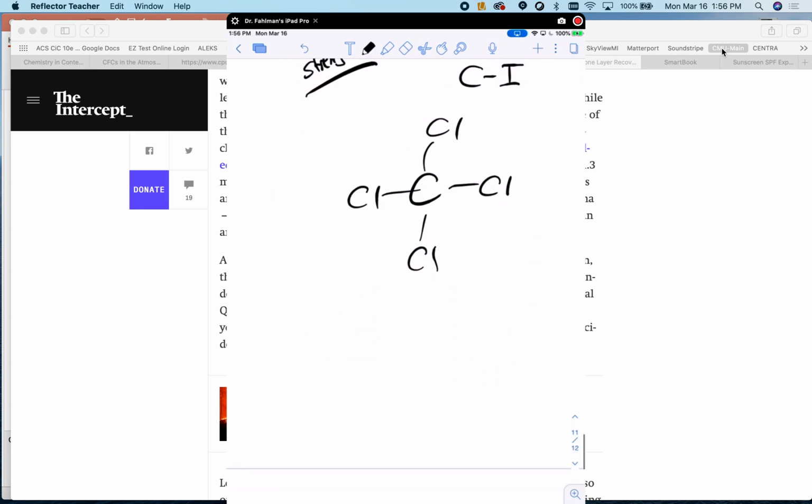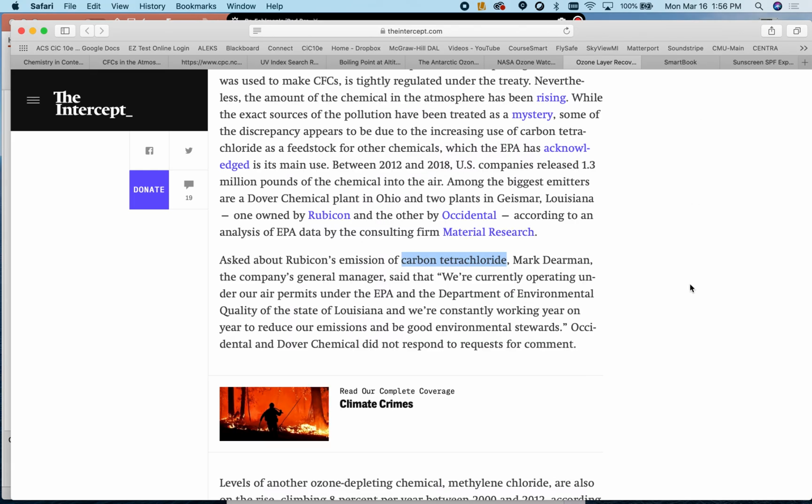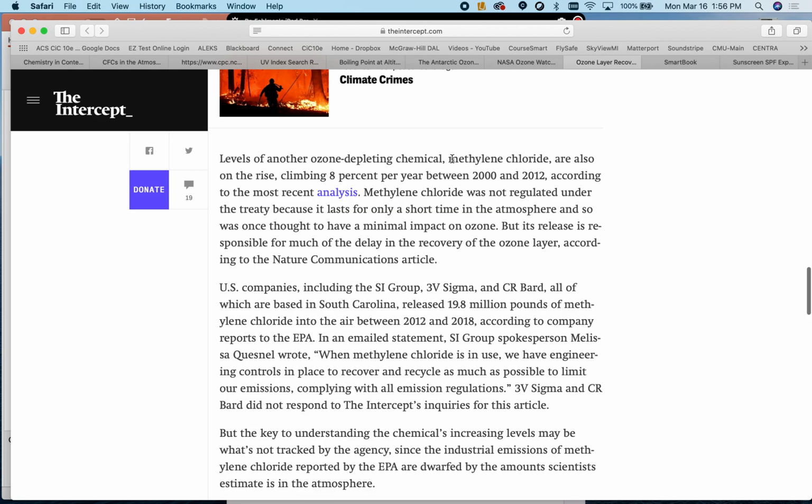Okay, so that's carbon tetrachloride, and then the other one is methylene chloride. So this one is just that, with hydrogens in there. Okay, so those two.